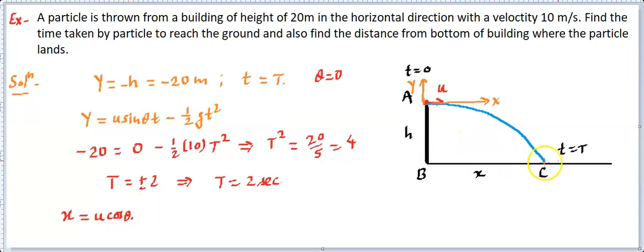Now if this x is over the capital time T, we can replace this t by capital T, so that becomes the formula for h as well, as for the formula for x, that's the horizontal range. So what this x is going to be equal to, place the value of u, which is 10, place the value of theta, which is 0, place the value of t that we have calculated, 2. cos 0 is 1, so x will come out to be 20 meter.